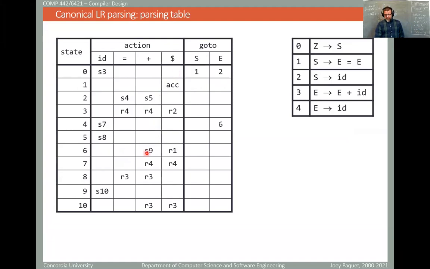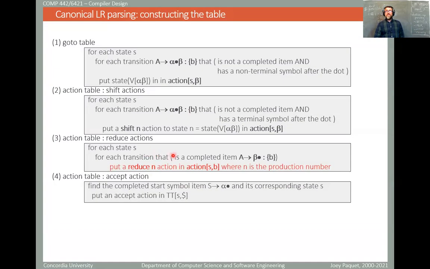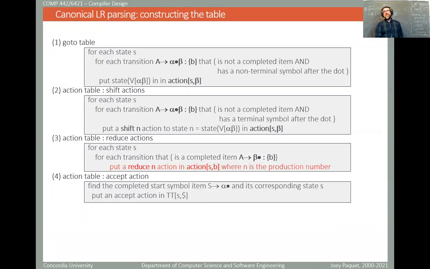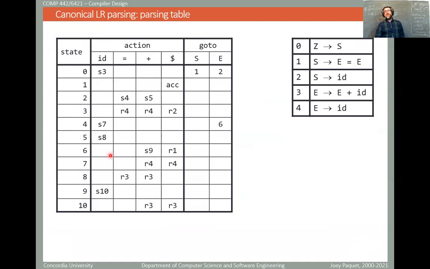So eventually, if you apply these heuristics on the item sets that we've computed before, you would come up with a table like this from this grammar here. Essentially, this whole procedure is transforming this grammar into a DFA using item sets as well as the lookahead sets.